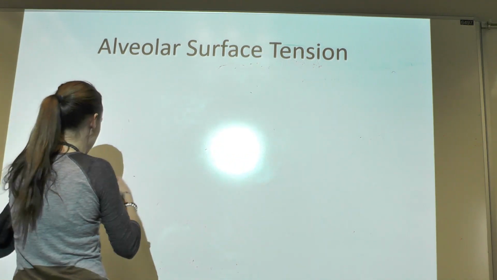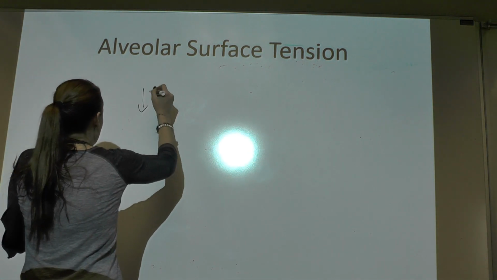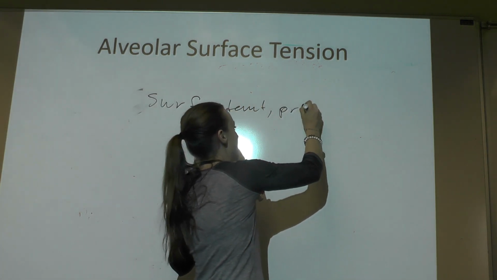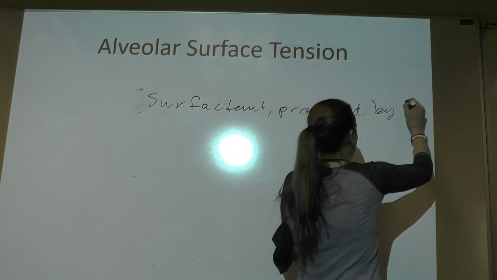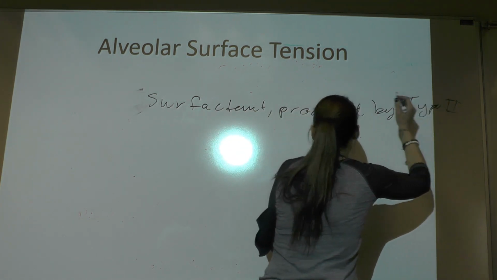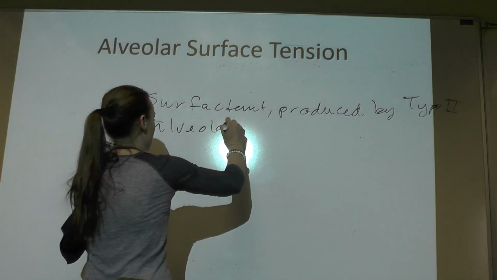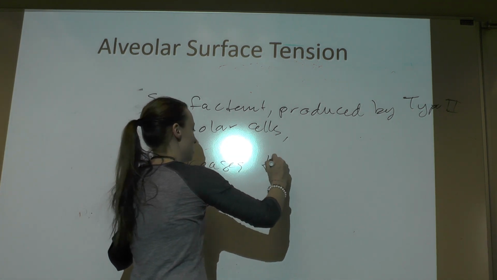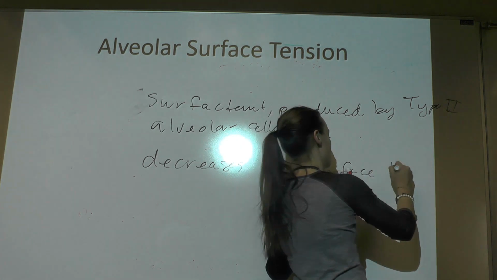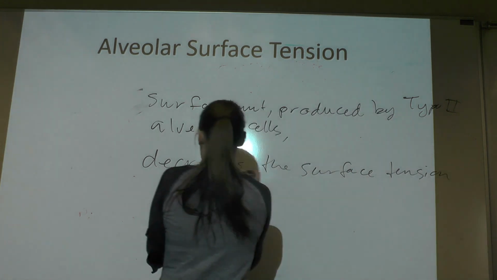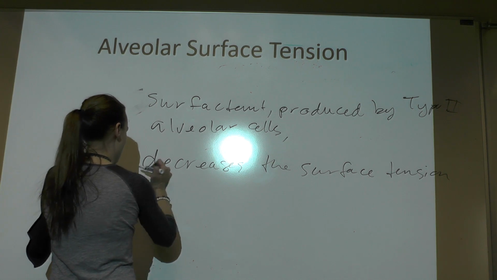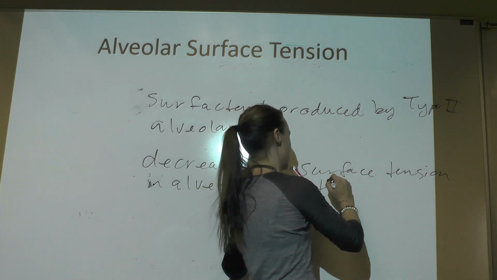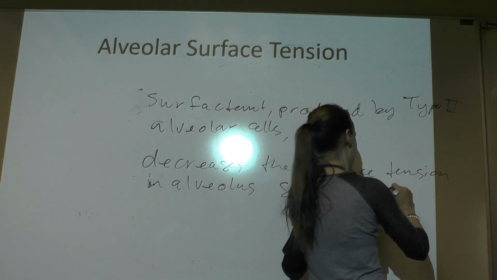So for alveolar surface tension, we'll say that surfactant, produced by our type 2 alveolar cells, decreases the surface tension in the alveolus so that it does not collapse.